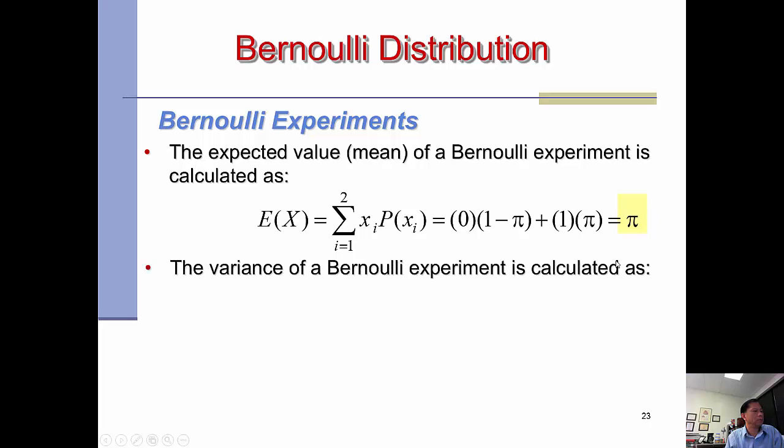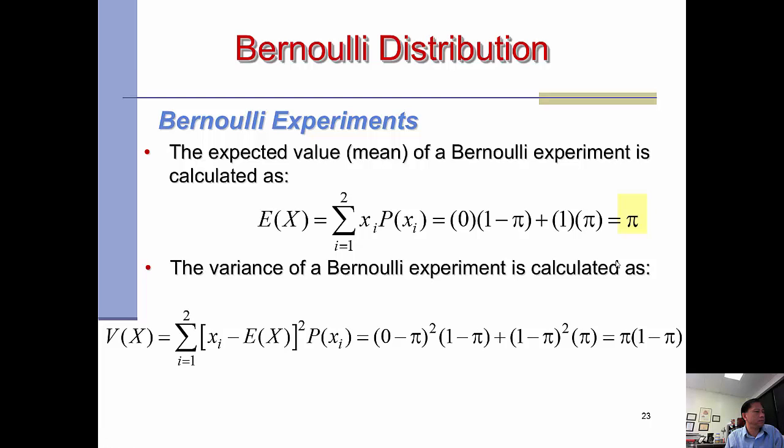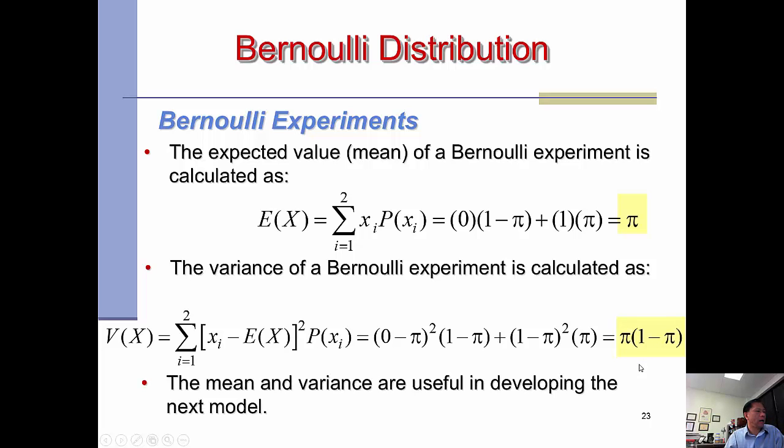That makes it simple. Now what's the variance of that? Right? We plug the values into the variance equation, the sum of (xi minus mu) squared times P. We plug in the xi and the probability, and we get pi times 1 minus pi. That is the variance of a Bernoulli experiment. And the standard deviation, of course, is the square root of that.